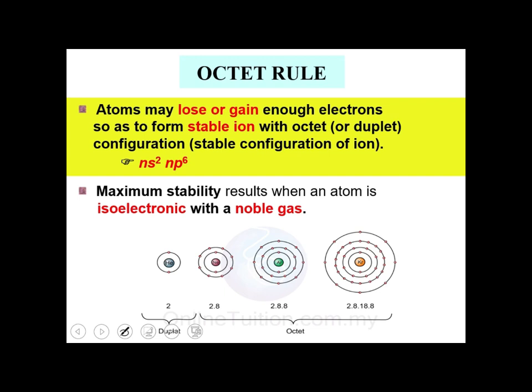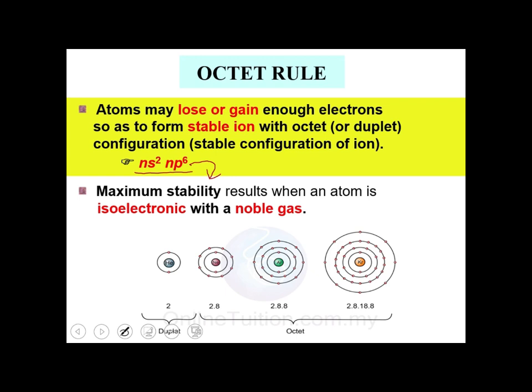Why do they want to obey the octet rule? Because when they achieve 8 electrons, meaning that their valence shell will have ns2 and np6. If your valence shell equals 3, 3s2, 3p6, the configuration would be like that. This electronic configuration is what we call the maximum stability.